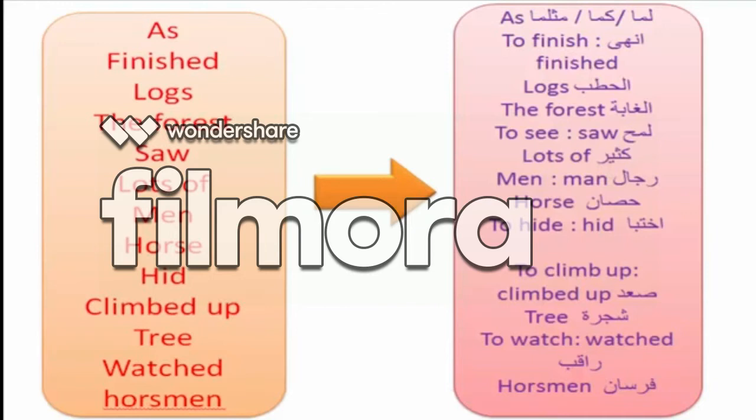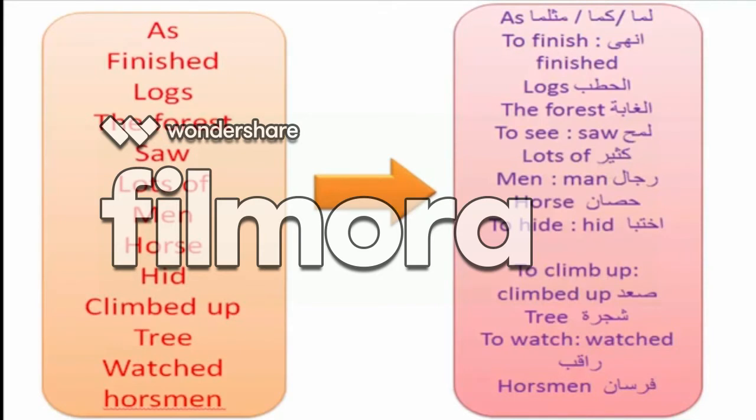Let us explain. The word as in this passage means مثلما, but it could also mean لما أو كما. We have also the verb to finish, أنهى ينهي. In the past, we add ed because the verb ends with sh, and this is a regular verb: finished. I finish, you finish, he finished, she finished, we finish, they finish.